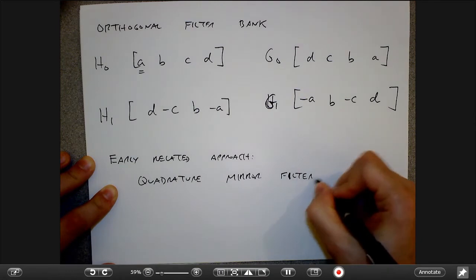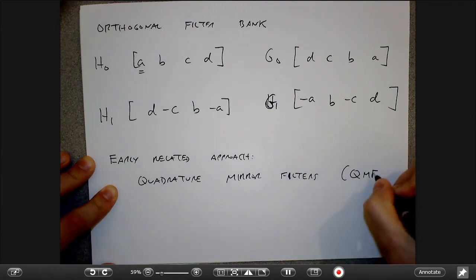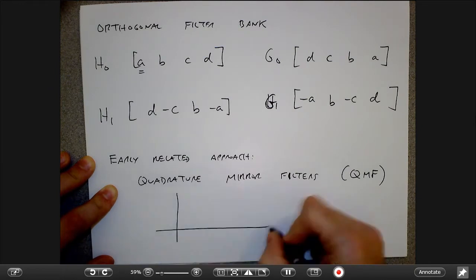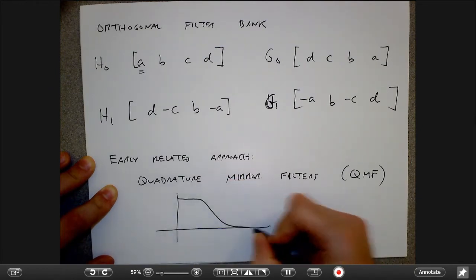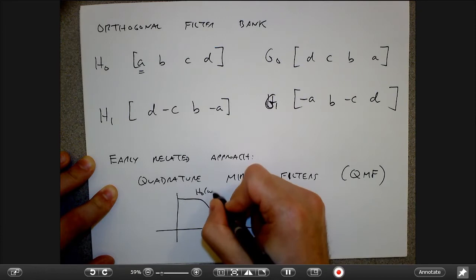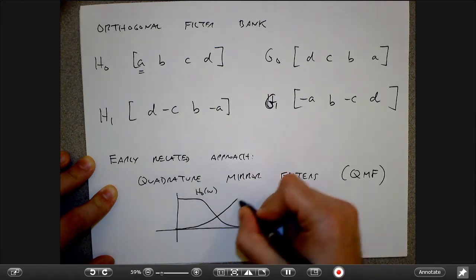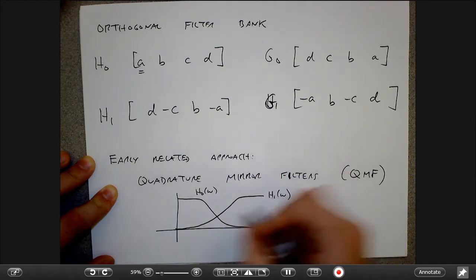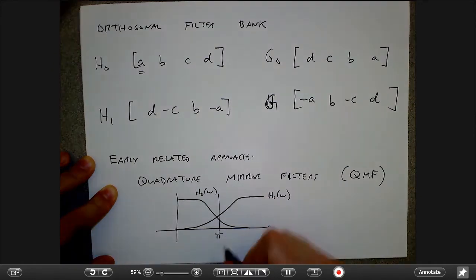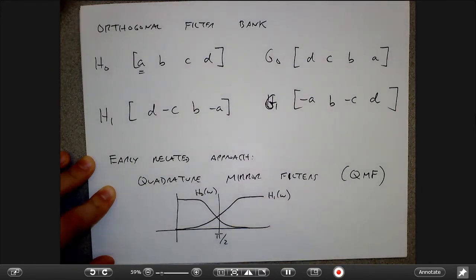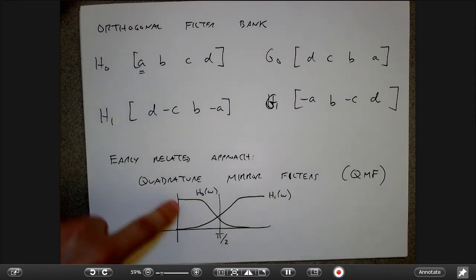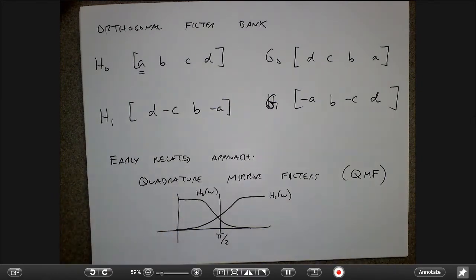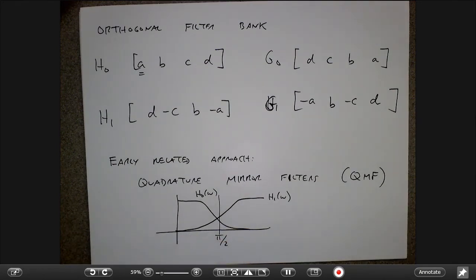The idea was basically that if this was the frequency response of H0, you wanted the frequency response of H1 to be exactly mirrored around pi over 2, right? So that would be basically like saying H0 is a low-pass filter, H1 is a high-pass filter, and I exactly get the same filter if I flip it around the middle, right? But it turns out that you can actually design very good quadrature mirror filters that are not useless.